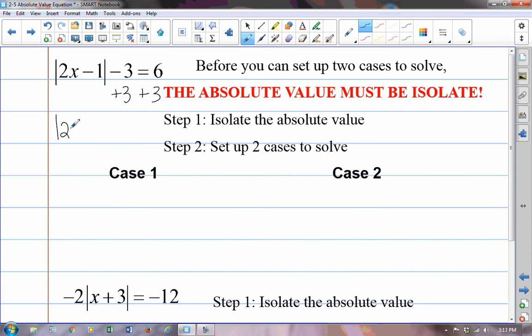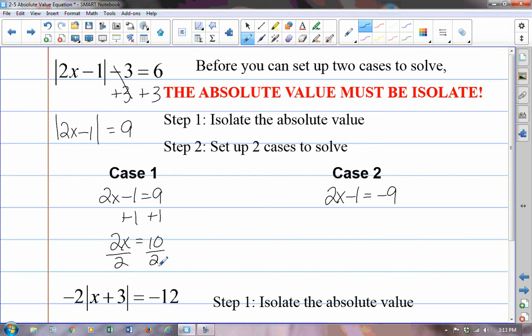So we still have the absolute value of the quantity 2x minus 1. The 3's cancel, and we have 9. Now we can set up our 2 cases to solve. So we have 2x minus 1 is equal to 9, and then 2x minus 1 is equal to -9. Then we solve just like we have done, so we'll add 1. 2x is equal to 10, divide by 2, and we have x is equal to 5.